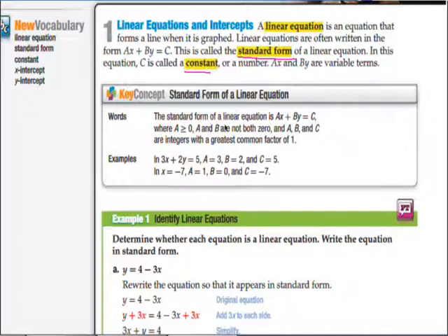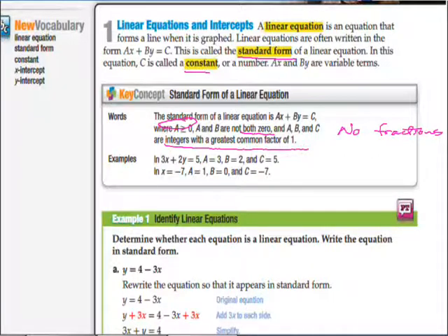Some key things here: a has to be greater than 0. A and b are not both 0. And they all have to be integers, so no fractions, no decimals. We can't have any fractions in this form.